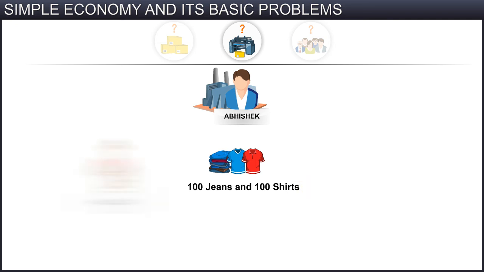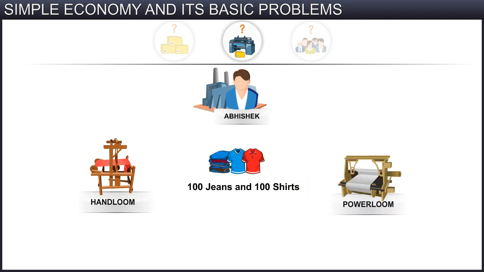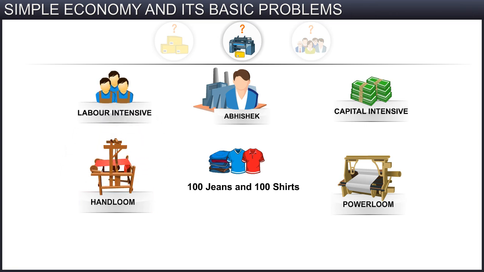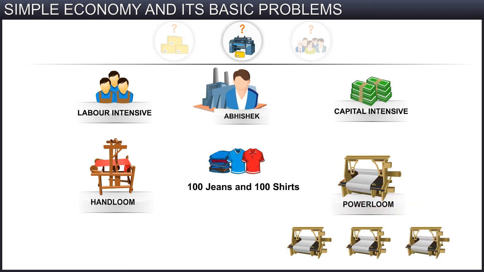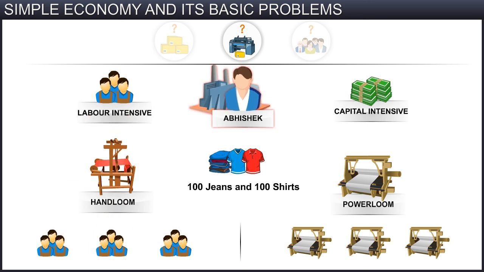Abhishek can use either hand loom or power loom to produce his goods. The power loom is capital-intensive technology, while the hand loom is labour-intensive. The power loom uses machines to produce jeans and shirts, whereas the hand loom uses more labourers for the same result. What Abhishek decides to use depends upon what is available in large quantities and at low prices.